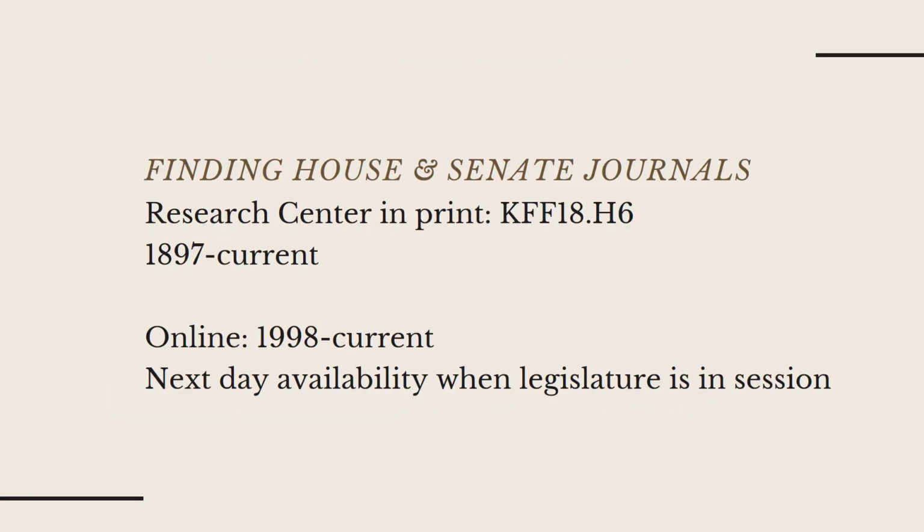You can find those House and Senate journals in print. We have all the way back to 1897 in the Research Center, and online they have back to 1998, usually available online the very next day when legislature is in session.